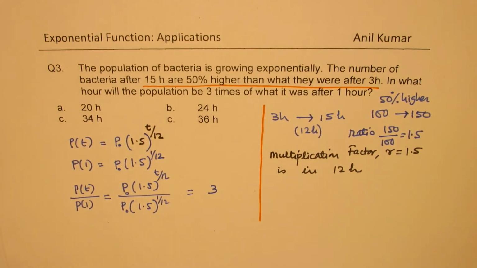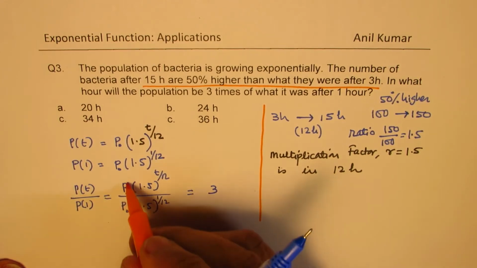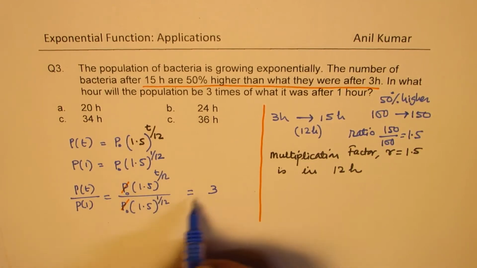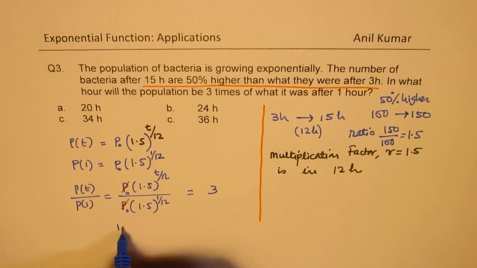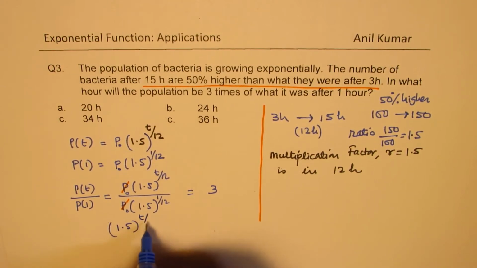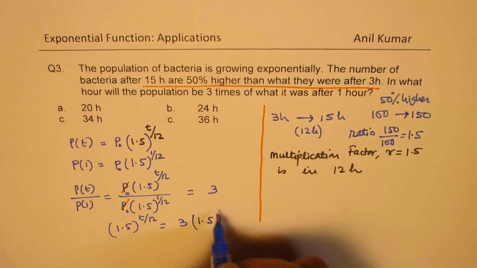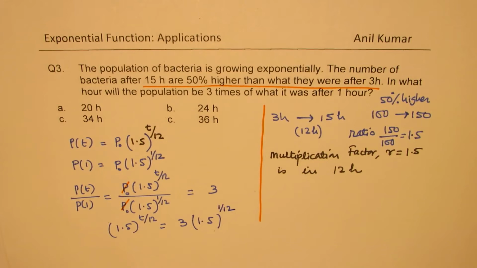So do you see how easily we could get our equation? And clearly, this initial population cancels. So in most of such questions which we have seen, initial population doesn't make a difference, right? So we need to now solve this particular equation. We can solve it using logarithms, correct? So, cross multiplying, we have 1.5 to the power of T over 12 equals 3 times 1.5 to the power of 1 over 12, correct?